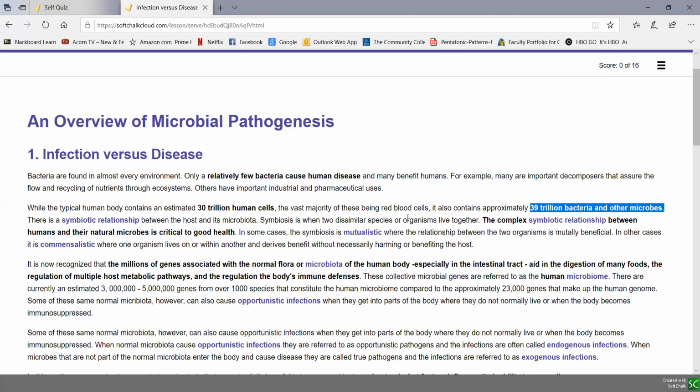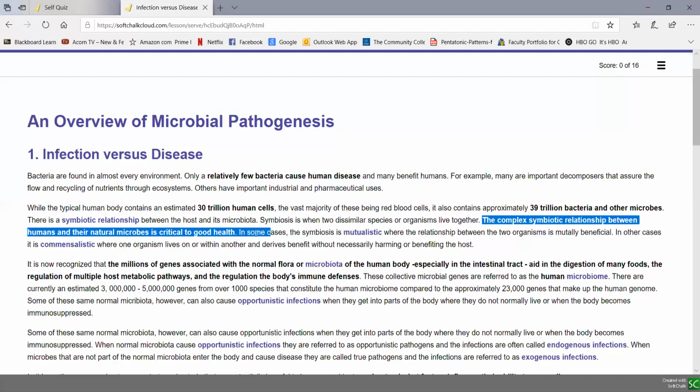And these microbiota establish a symbiotic relationship between the host and the microbiota. Now remember, as we learned earlier, symbiosis is when two dissimilar species or organisms live together, such as bacteria and humans. And this complex symbiotic relationship between the humans and their natural microbiota is critical to good health.